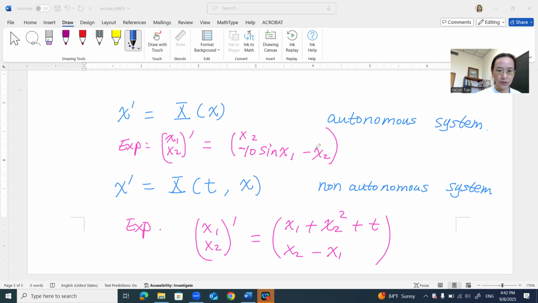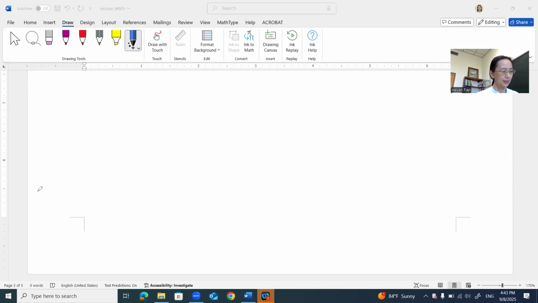The first example is autonomous because there's no dependence on t. And we want to see, for an autonomous system.